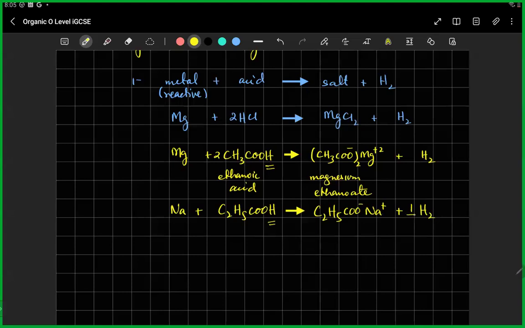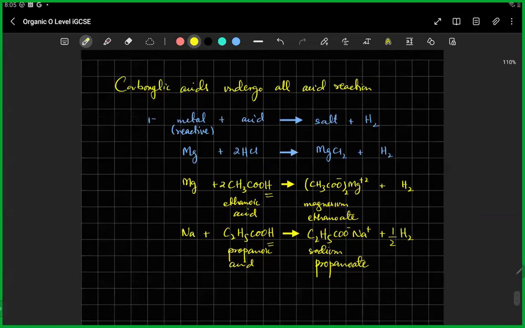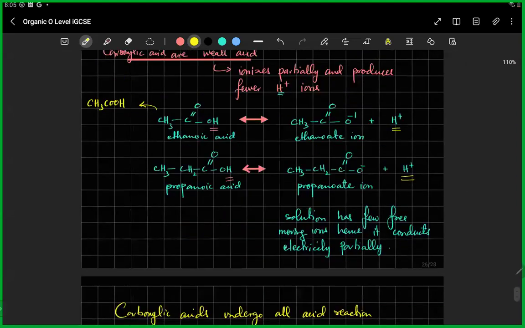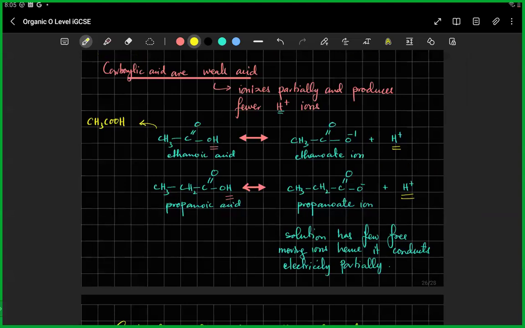And since only one H is getting knocked out, I'm going to put half in front of it. So this was propanoic acid. And this is sodium propanoate. Okay, that's sodium propanoate. Is this clear?